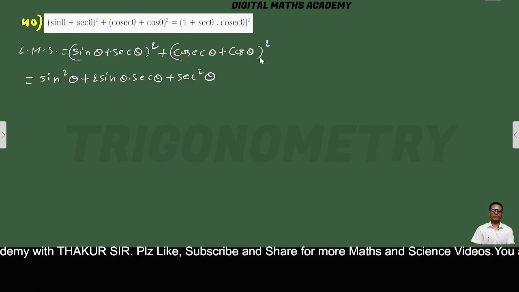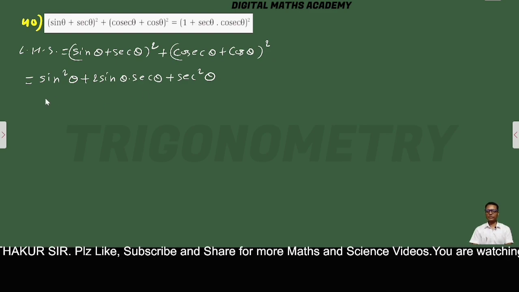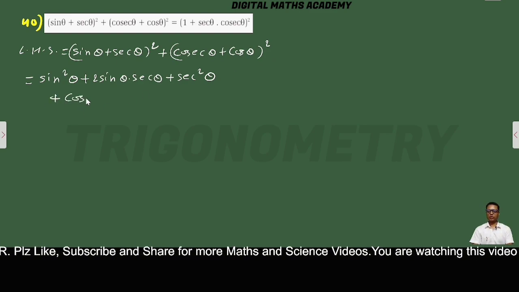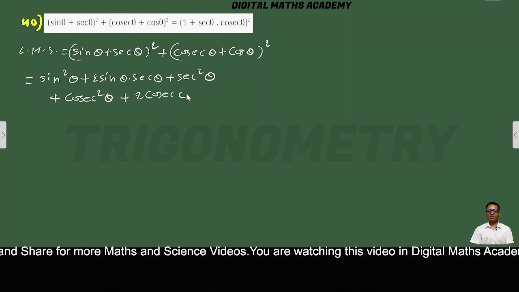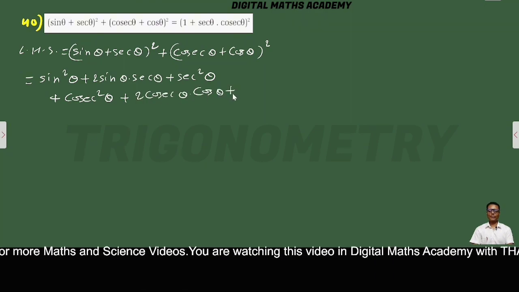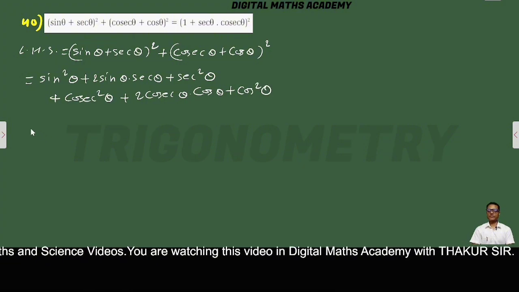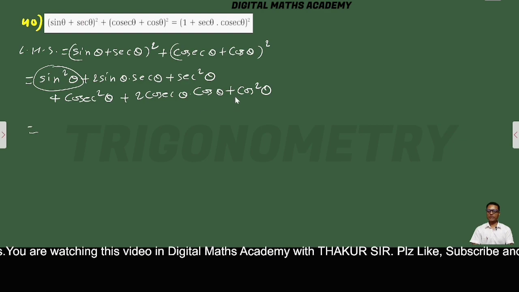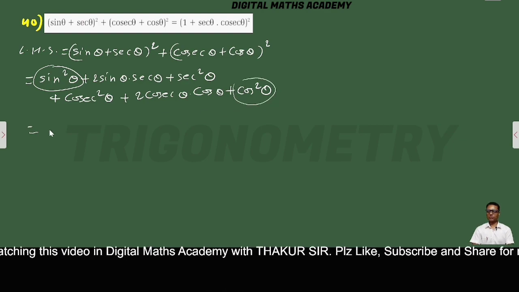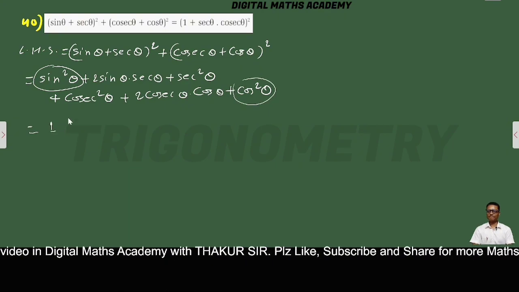And plus (cosec theta plus cos theta) whole square, we can write cosec square theta plus 2 cosec theta dot cos theta plus cos square theta, isn't it? Now here we see sin square theta and cos square theta, that gives us 1, so we can write here 1, right?